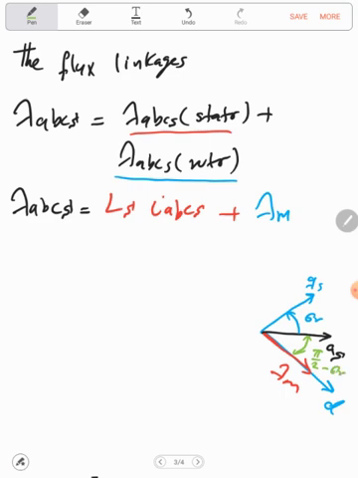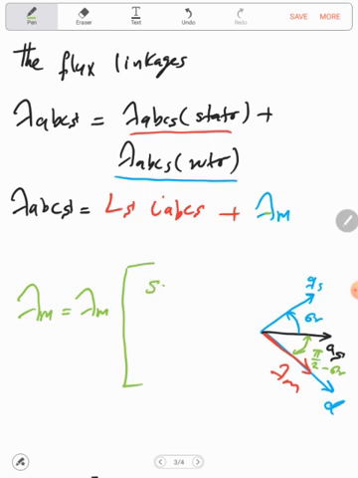So this means that lambda m will equal lambda m as a magnitude multiplied by the projection of the rotor flux onto the AS, which is lambda m cosine of theta r minus pi over 2, which is the sine theta r.